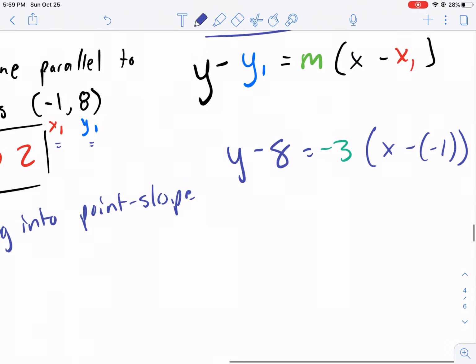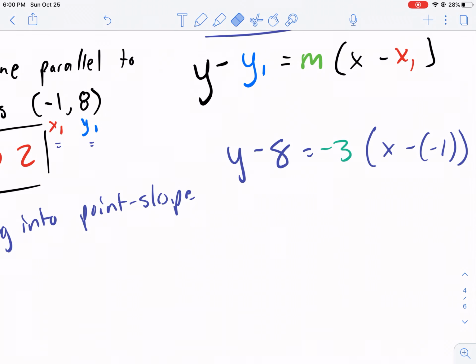Anytime we have minus and -1, we're going to want to change that. I'm going to change the color just so you see what we plugged in. We had y minus 8, and then minus -1. So this turns into y minus 8 equals -3 times x plus 1. And we are done. That's all there is to it.